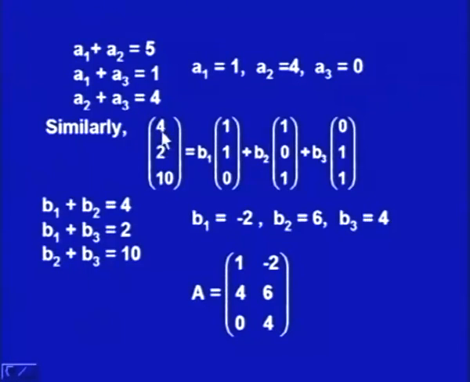So, corresponding to (4, 2, 10) we have this column, and corresponding to the earlier vector we have the column (1, 4, 0). So, this is the matrix associated with the given linear transformation. That is how we obtain the matrix for the given linear transformation.